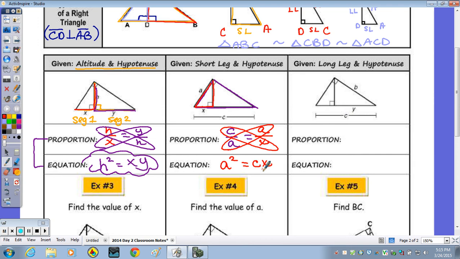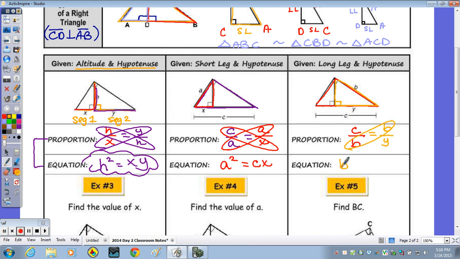And then in the last picture, again, given the hypotenuse, this time we have hypotenuse to long leg. So hypotenuse to long leg of the bigger triangle is equivalent to the hypotenuse and long leg of one of the triangles within. So we have hypotenuse, because the right angle's here, hypotenuse b to long leg y.